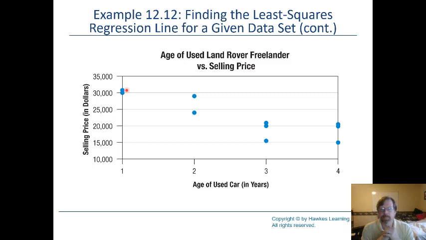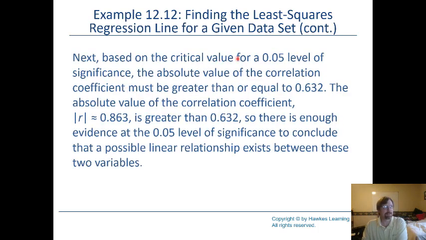Right, so let's look at the critical value for the 0.05 level of significance. Again, this is on table I in Appendix A. So for our 10 cars and the 0.05 significance level, our critical value is 0.632.